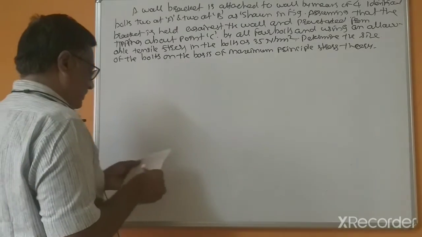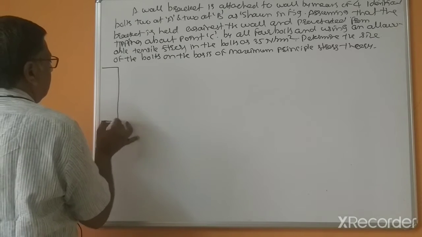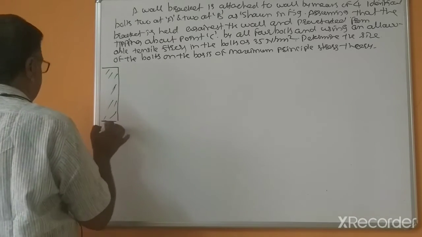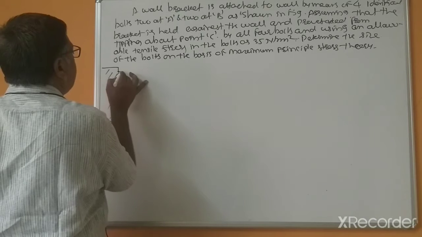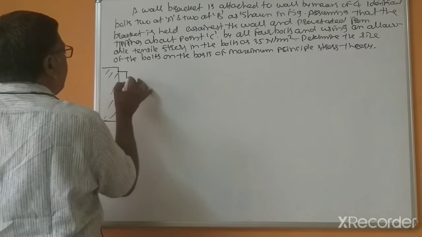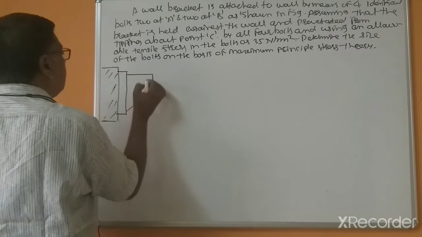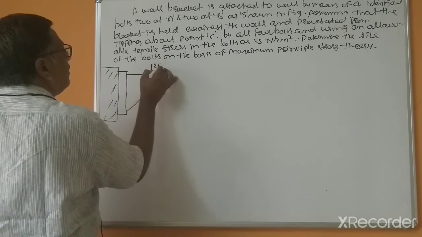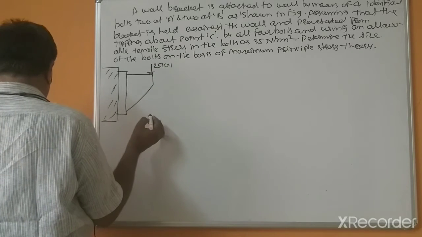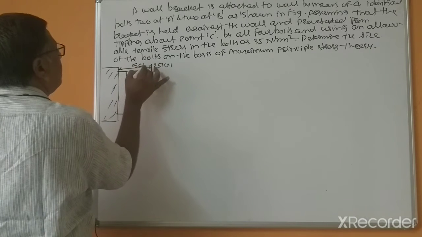Given figure, suppose this is the wall and this is the bracket, this load is given 25 kilonewton and this distance 500.